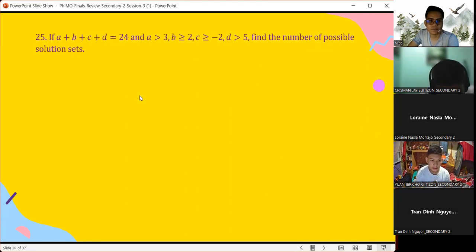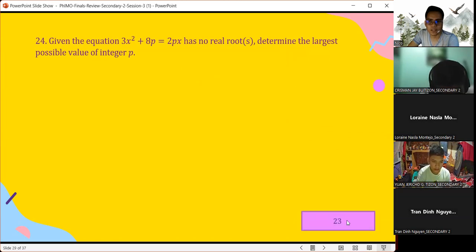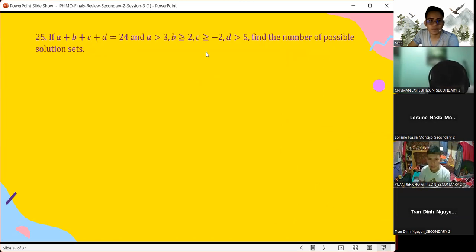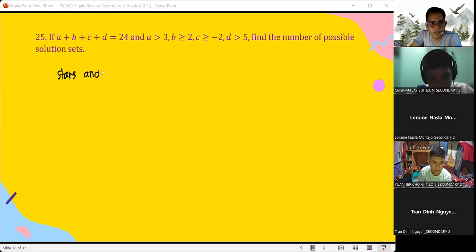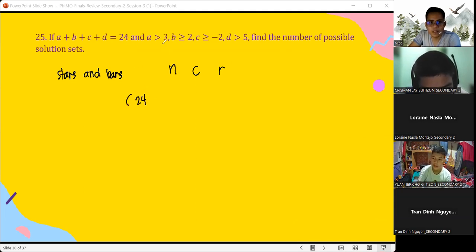Number 25. Ay, wait. 23. So the same answer. Okay. So for number 25, I'm gonna teach you the shortcut directly, okay? So that you won't be confused na. It's the stars and bars. And take note, you have nCr, right? The n part here is 24. But then, this is lesser than 3, right? So greater than or equal to 4. So minus 4.